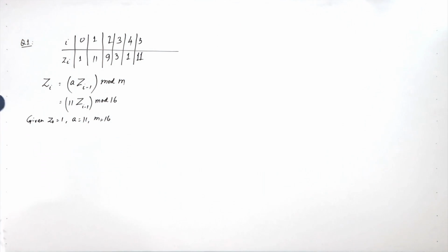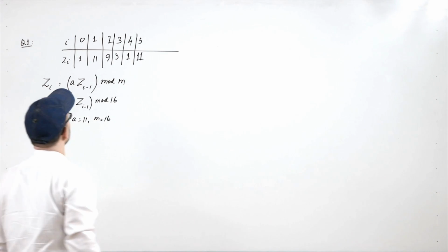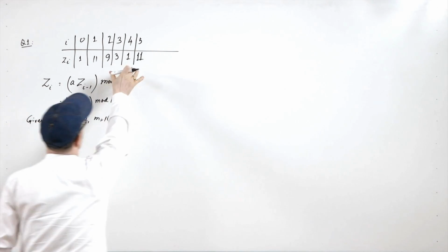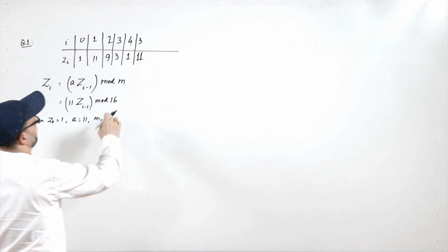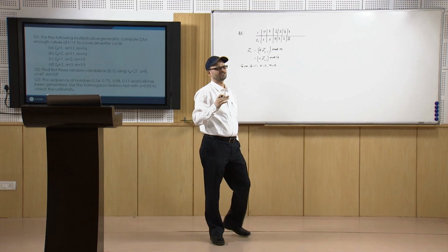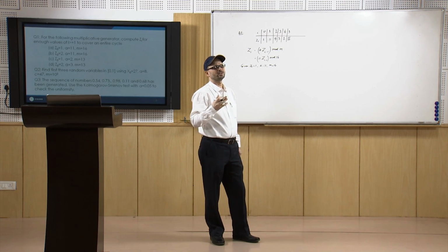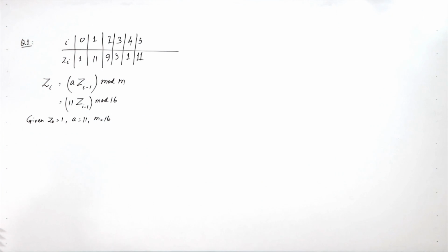What we see is that this 11 has come again. It means the period is only 4: 11, 9, 3, 1, and then 11 has come. We had seen that in one case the maximum period is 2 raised to the power b, where b is here 4, and in some cases it will be 2 raised to the power b minus 2.